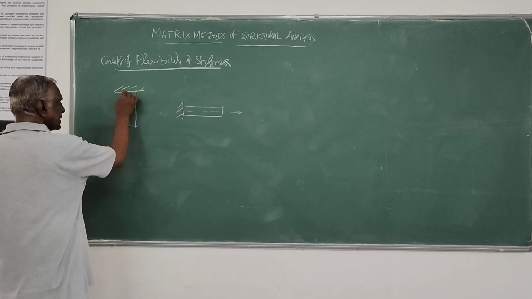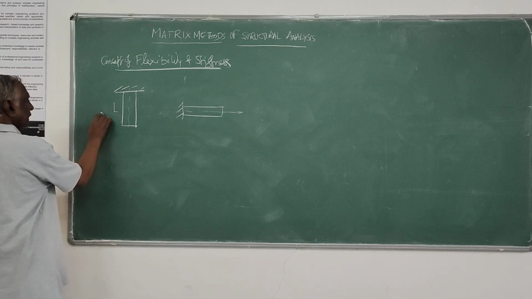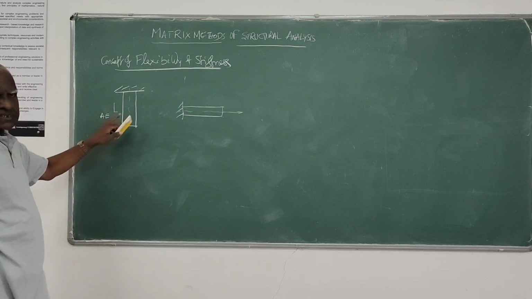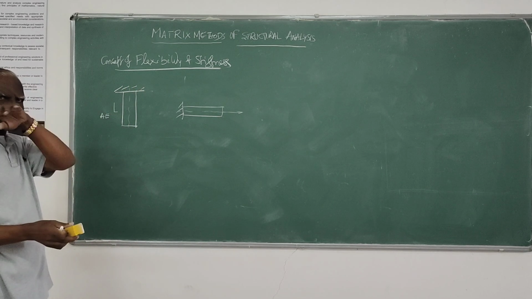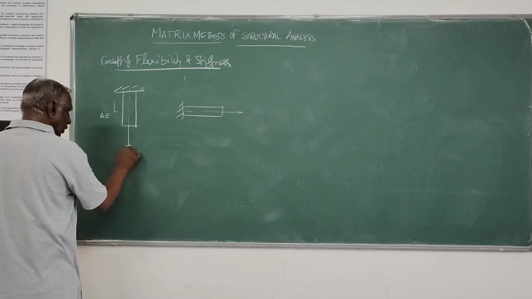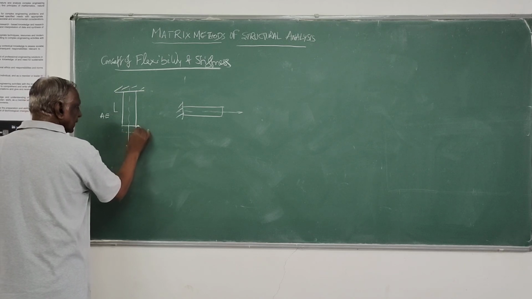Suppose I consider a bar of length L and cross-sectional area A, and modulus of elasticity of the material of the bar as E. Suppose it is subjected to a load P causing a displacement delta.